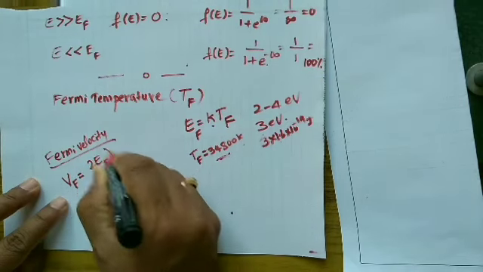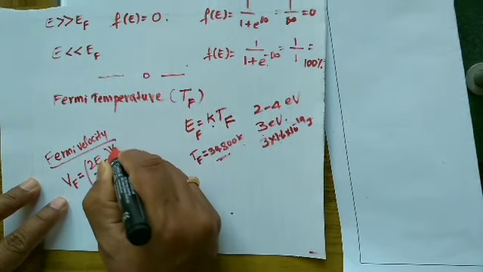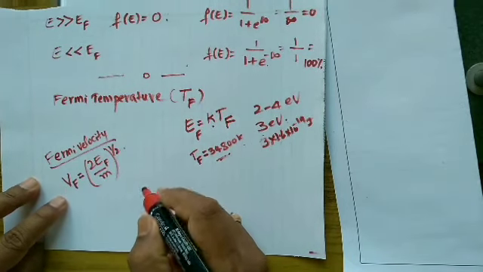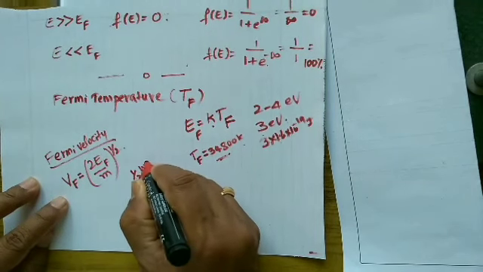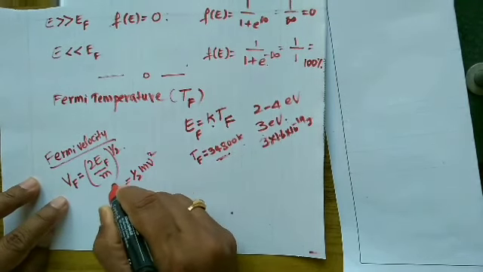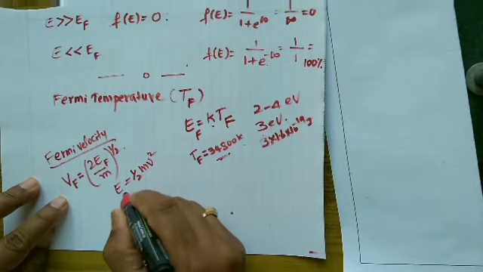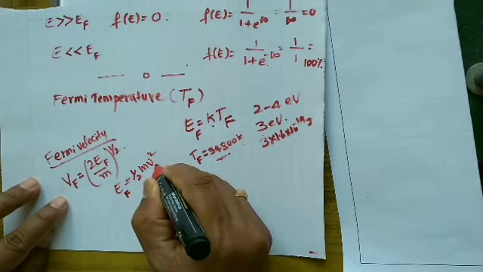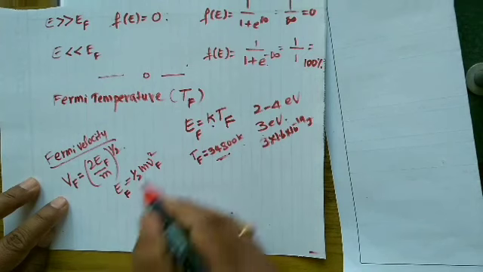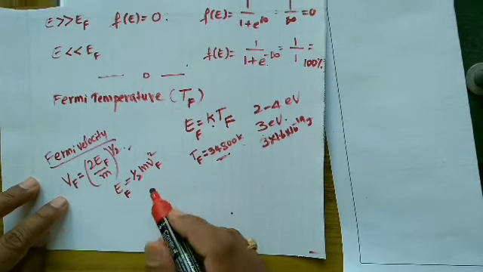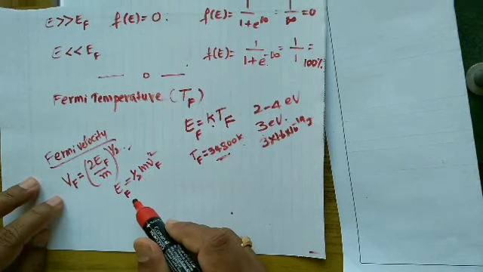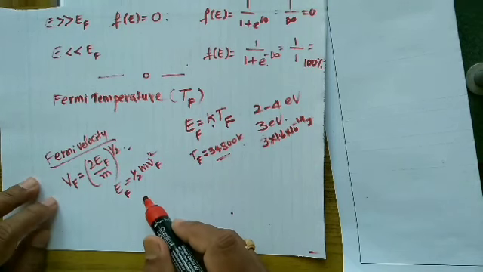This is the rearranged form of EF is equal to half m v square. We know that half m v square is the kinetic energy. Here the Fermi energy expression can be taken in terms of Vf. So on rearranging one can get this equation. So Fermi velocity is therefore defined as the velocity of electrons which have occupied the Fermi level.